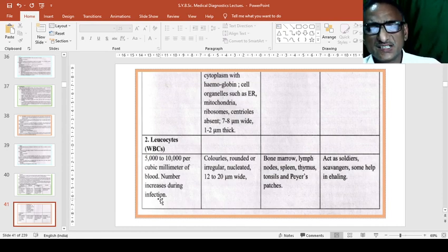Then leukocytes are about 5,000 to 10,000 per cubic millimeter in a normal man. They are colorless, formed in bone marrow, lymph nodes, spleen, thymus, tonsils, and Peyer's patches, and act as soldiers or scavengers and help the body by healing.